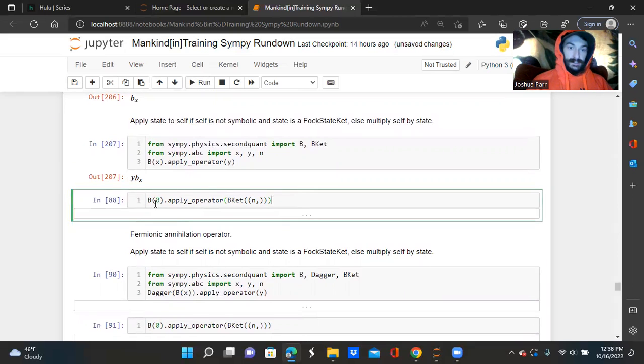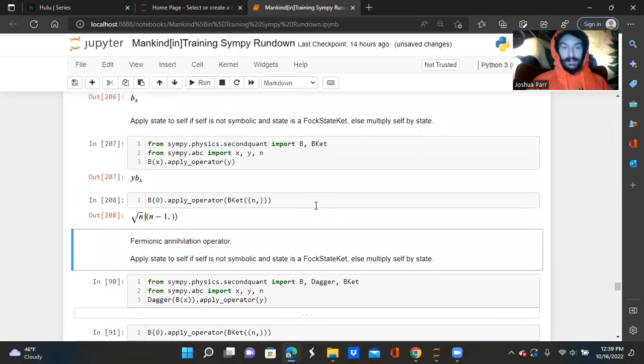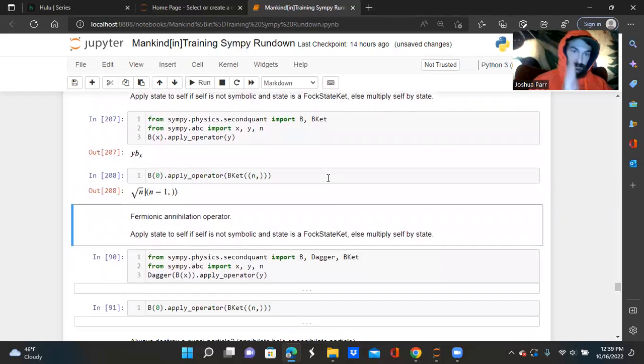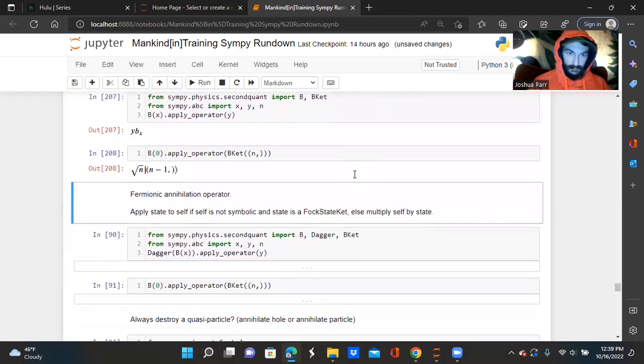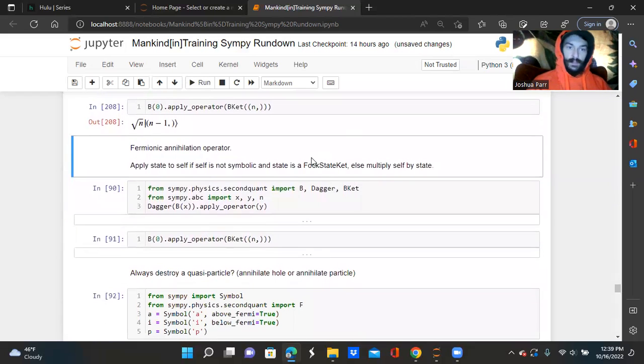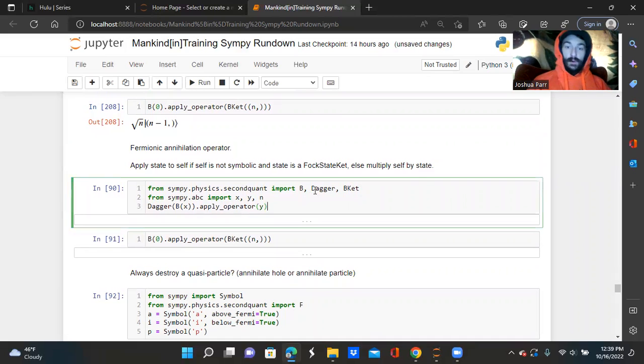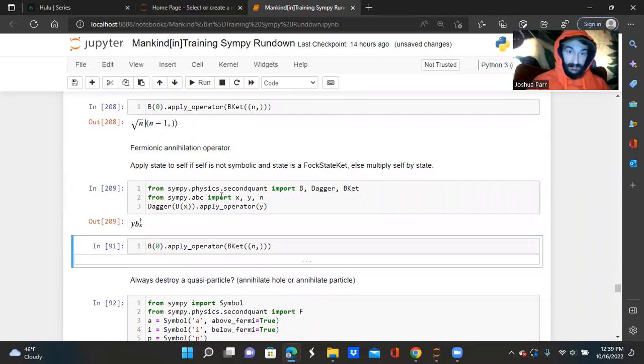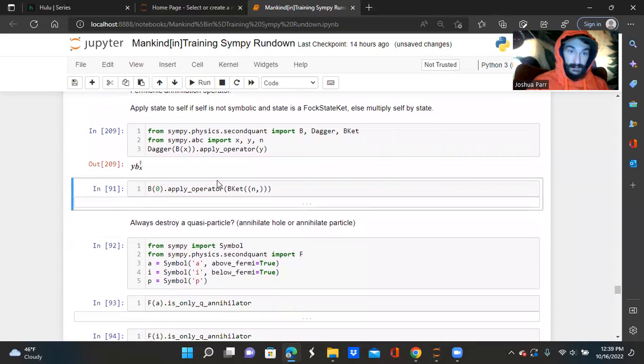And then if I want just the 0th element, I'm going to apply the bracket operator to the number. I get the square root of n, and then n minus 1. The fermionic annihilation operator, applying the state to the self, and if the self is not symbolic and the state is a Fock state ket, else multiply the self by the state. Now I'm importing the dagger operator, which is indicative of doing some Kronecker sums.